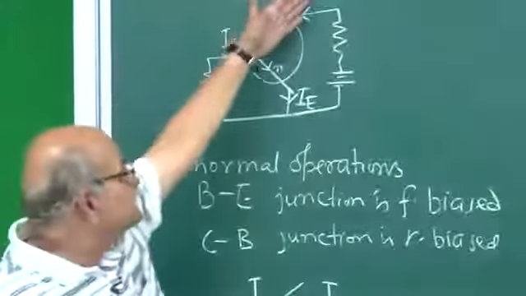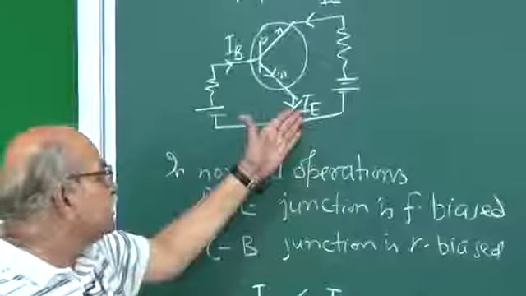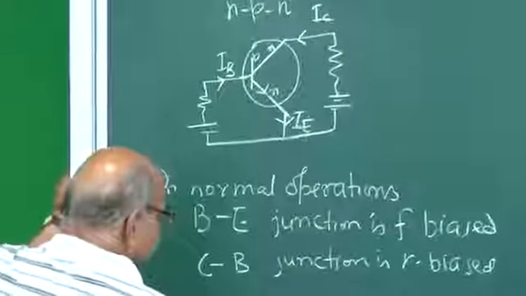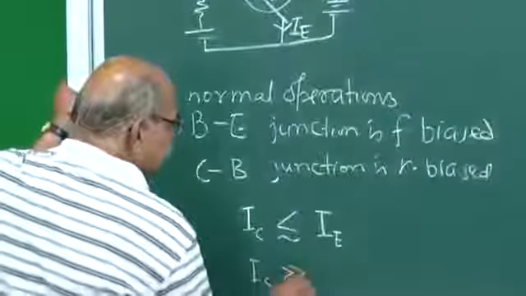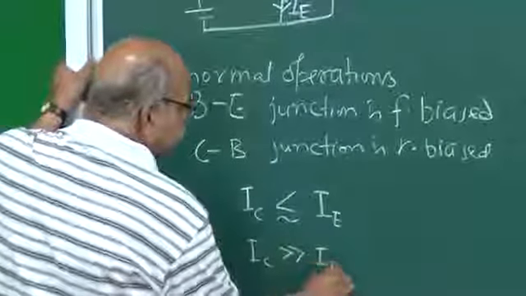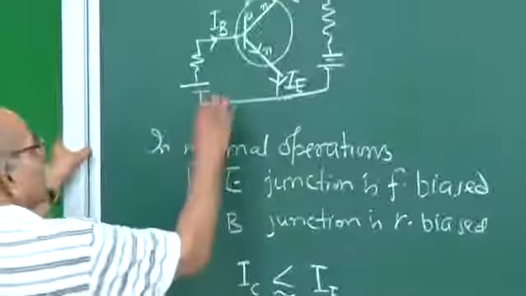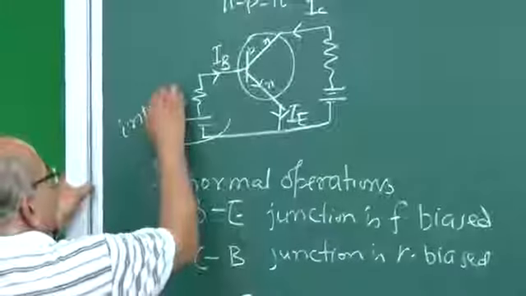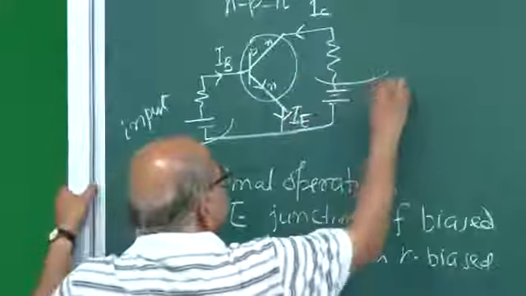So, this IC is slightly smaller than IE, and if you compare this IC with this IB, this IC is much larger than IB. So, we normally treat this as the input side and this as the output side.